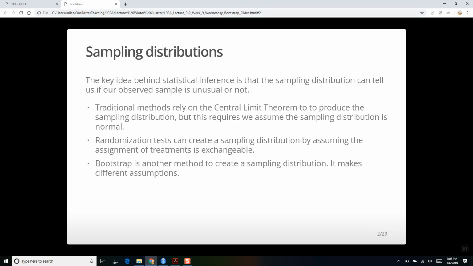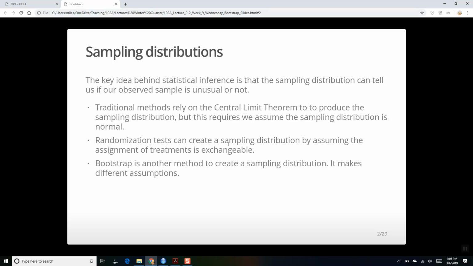We have to make assumptions because the whole idea of statistics is that I'm only going to observe a small sample. Because I make some assumptions about the relationship between my small sample and the big population, which is too big for me to observe directly, I can then make conclusions about the population which I haven't observed directly.